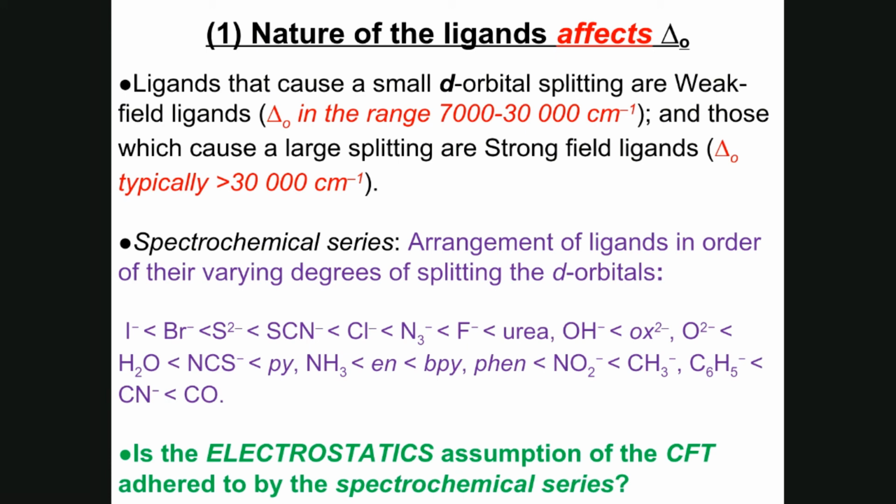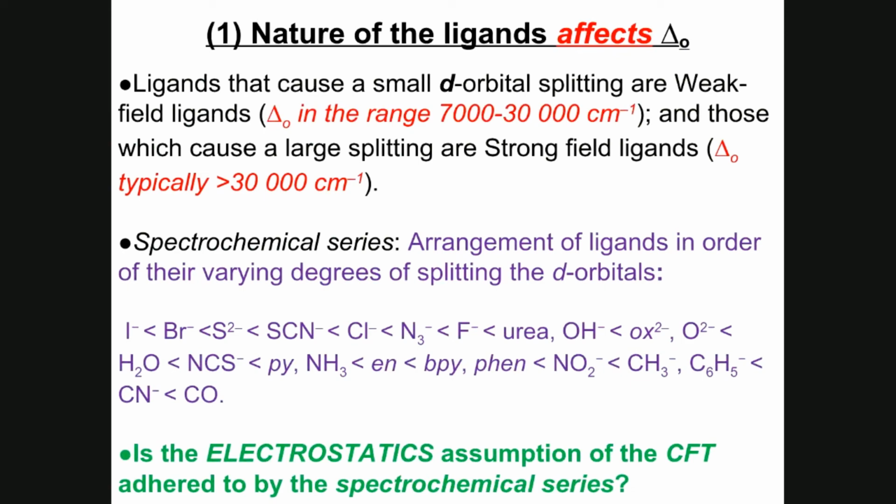If you look at this, the main feature you can see at the bottom here is that we're ranging all the way from iodide, bromide, sulfide, thiocyanate, we've got the chloride, the azide, fluoride, urea, hydroxide, oxalate, oxide, neutral water, and the thiocyanate. Yes, look at the 2, please. I think this is what you were introduced to when you were dealing with the concept of linkage isomerism in your second year.